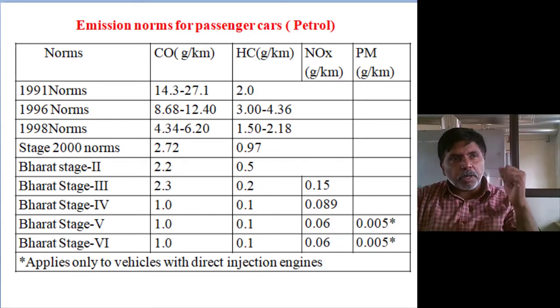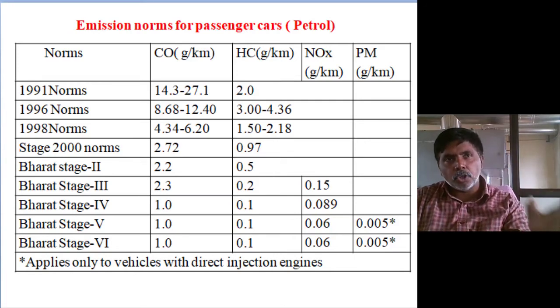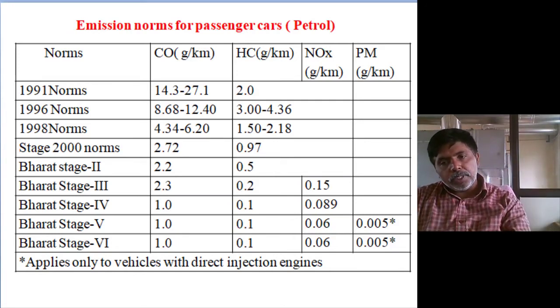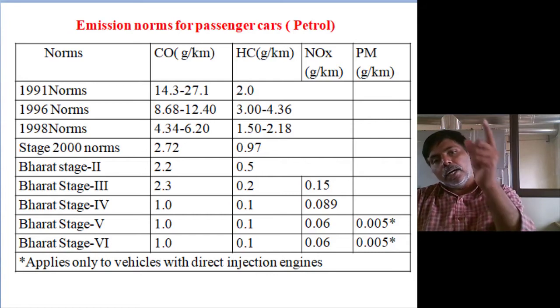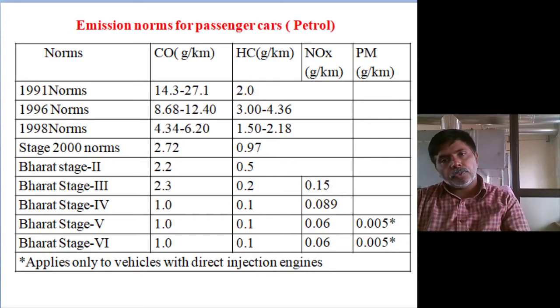So engine performance is least bothered about by the Indian government. The major concern for the Indian government is pollution. For pollution we give four parameters: carbon monoxide, hydrocarbons, NOx and particulate matter.